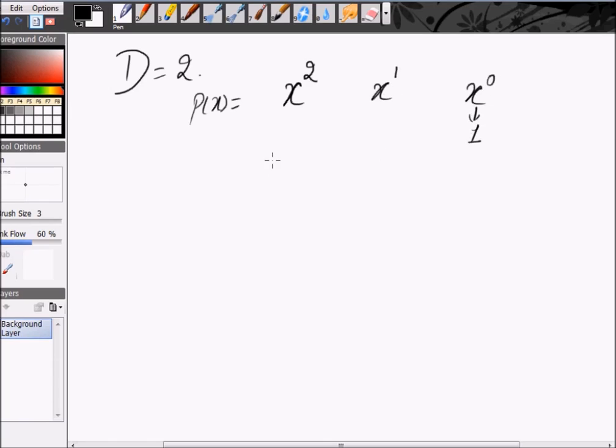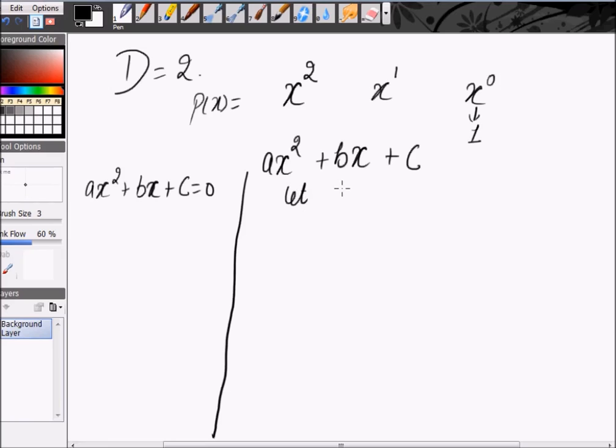To generalize the result, let the polynomial be a x square plus b x plus c into x to the power 0, which is nothing but 1. To find the zeros of such a polynomial, we have to put p of x equal to 0, or a x square plus b x plus c equals 0.